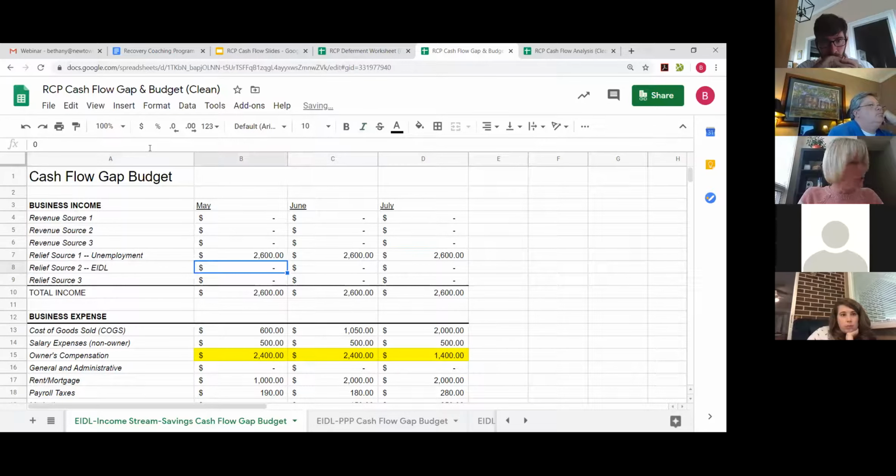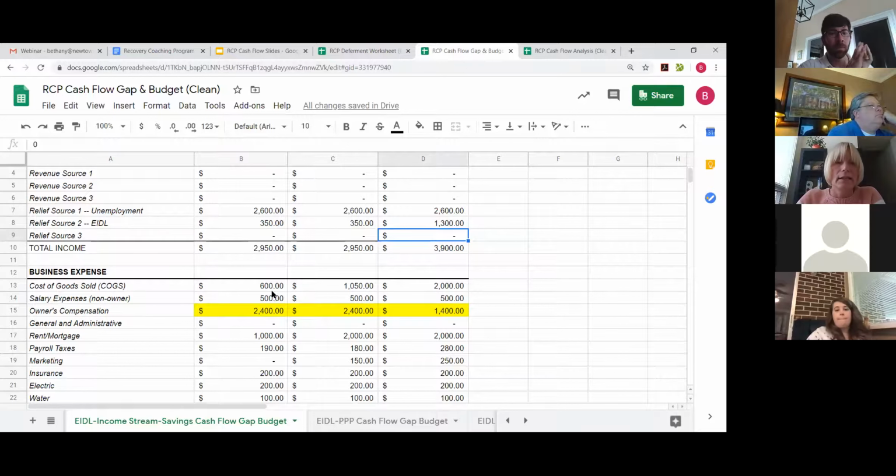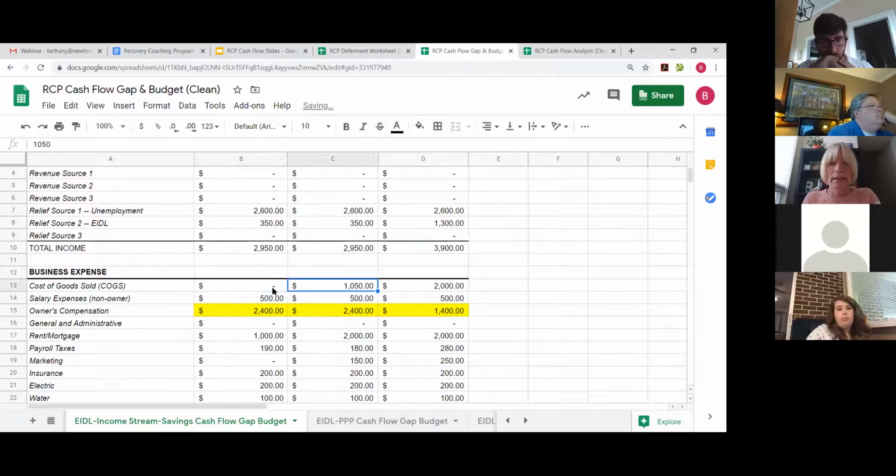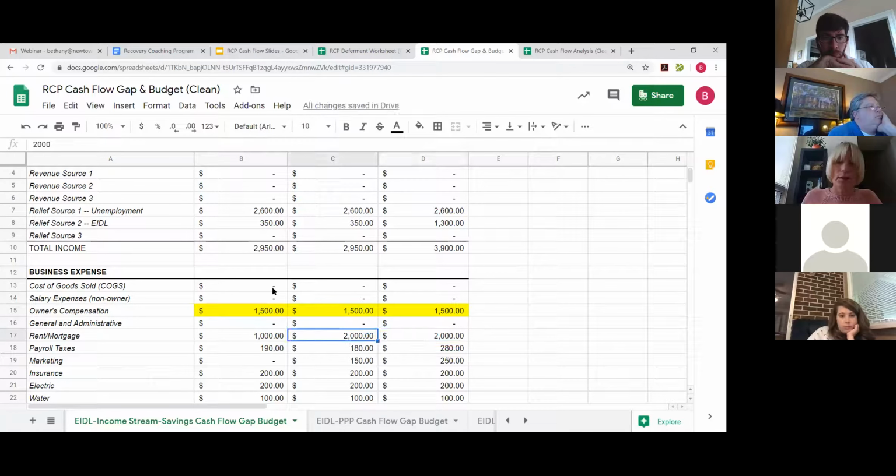In this case, I did not indicate that they had any, yep, 350. So they have to spend that idle money again just to stay in the black here. But no cost of goods. You don't bring that employee back. And then you have to reduce your owner's compensation here. And you also are not going to defer, or you're going to continue to defer.